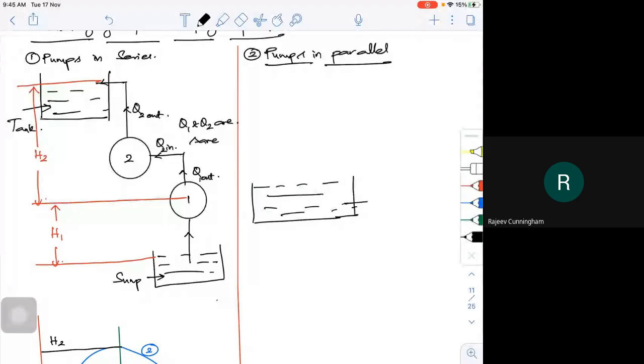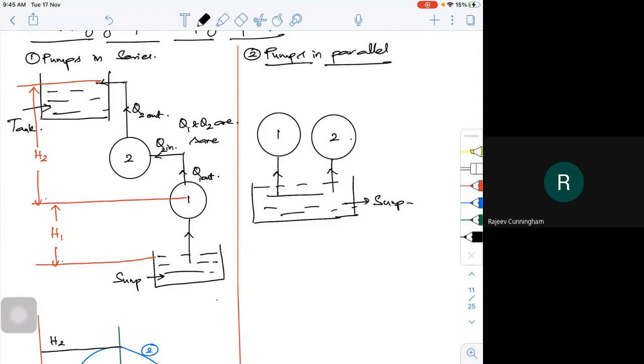This is my sump, and I am installing 2 pumps in parallel. This is pump 1 and this is pump 2. They take water from the sump. This is my inlet.